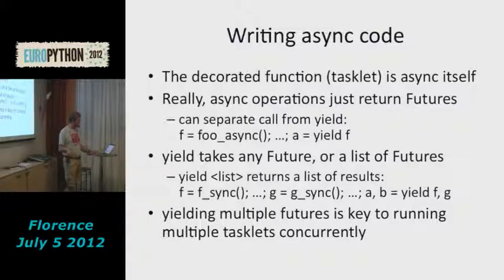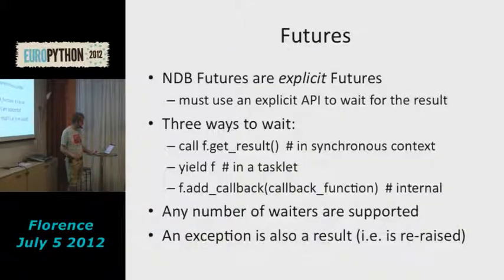It turns out that the yield multiple futures primitive operation is very important to get your parallelism started, because that's one of the easiest ways to get multiple things to start happening in parallel.